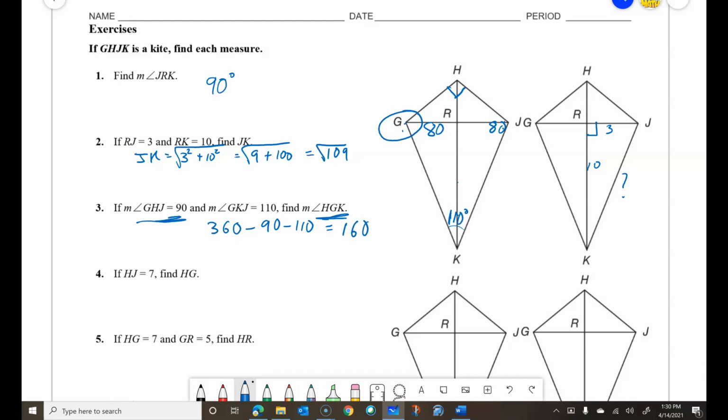So if you think about the four angles that you have here, 110 plus 90 plus 80 plus 80 should give us the 360 degrees. So that means the measure of angle HGK would have to be 80 degrees.